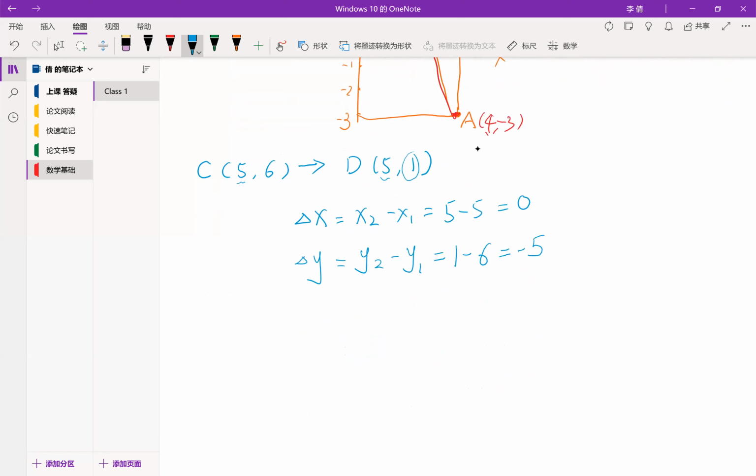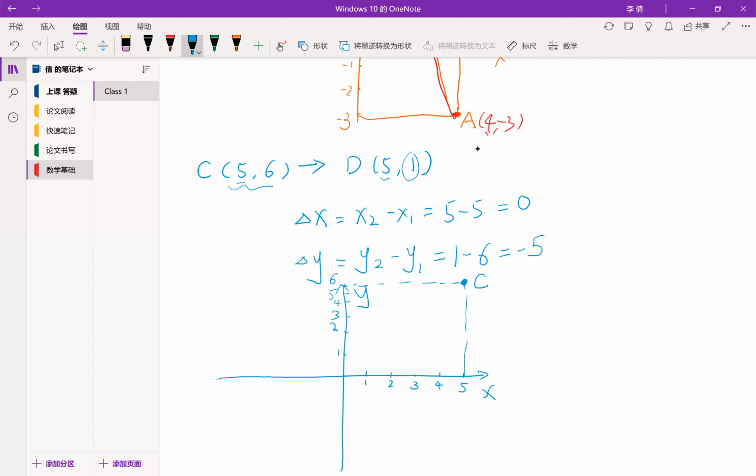Okay, let's see. If this point moves from C to D, this point C is in the first quadrant, right? This is 1, 2, 3, 4, 5, and this is 1, 2, 3, 4, 5, and 6. This point is the point C, right?